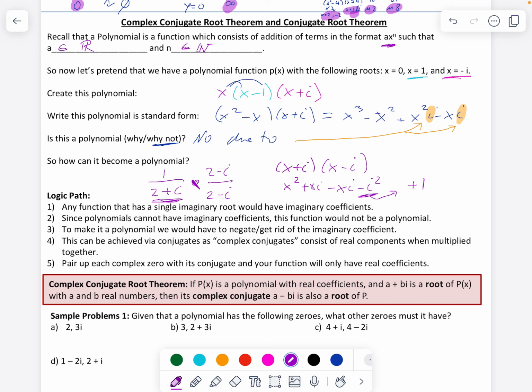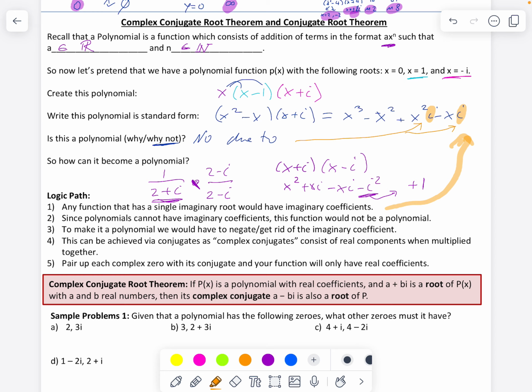Okay, so here is the logical path outline. Every time you have a single imaginary root, you would have an imaginary coefficient, like you would basically end up with one of these things right here on top, right? That's what I'm saying. And since the polynomial cannot have those imaginary coefficients, the function would not be a polynomial.